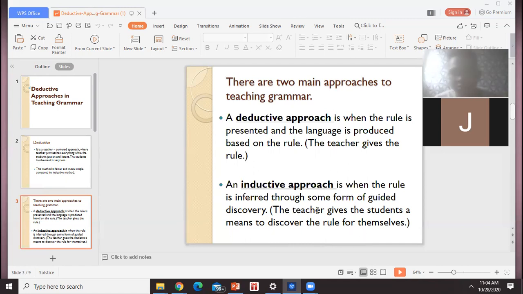In both approaches, there is a collaborative effort between the teacher and the students. But the deductive approach is more teacher-centered, while the inductive approach is student-centered.